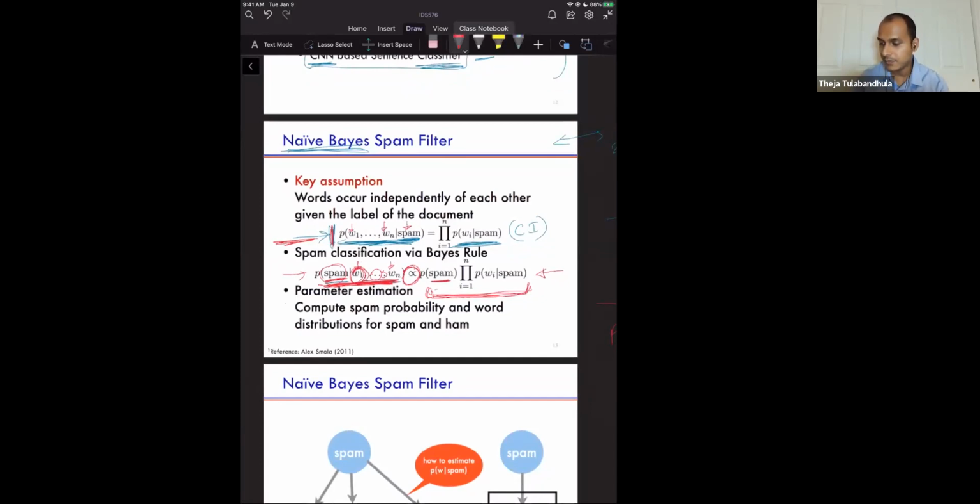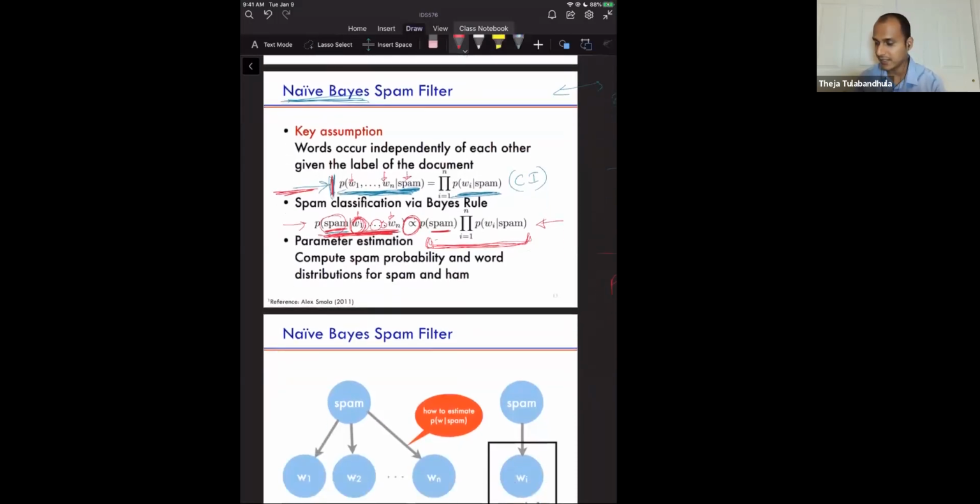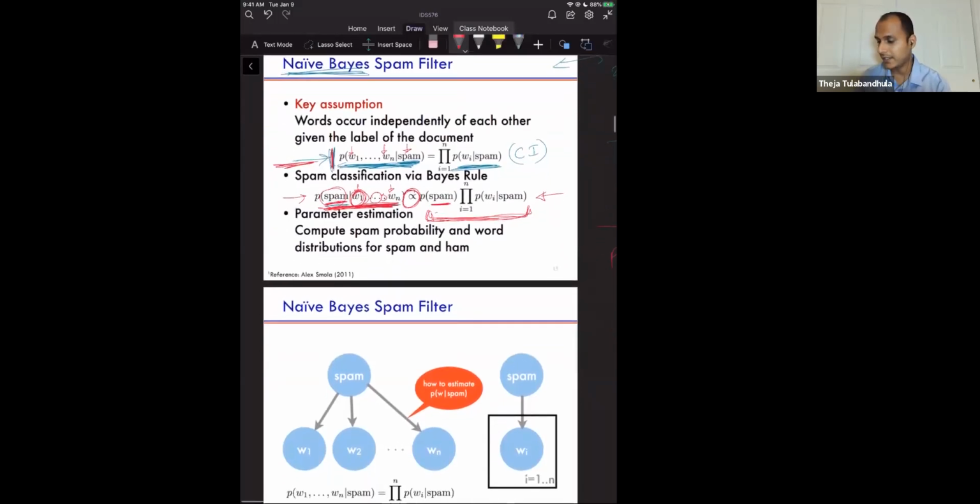When spam is 0, which means it's not spam, the right-hand side will give another number. You compare those two numbers, and whichever is higher, you call that the label for that email. It will become clearer once I spend a couple more slides repeating the same idea. I'll talk about parameter estimation right after the next slide.